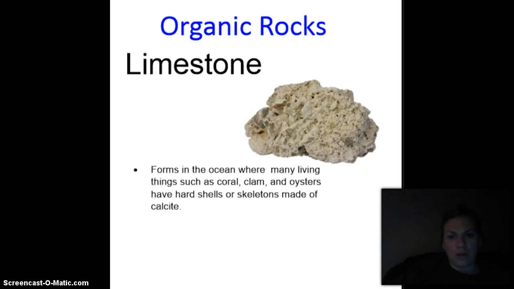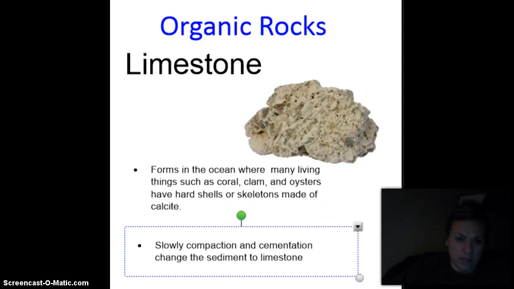And slowly over time they're compacted and cemented to change the sediment into limestone. Limestone is very, very popular in Kansas, and they build a lot of different things, buildings I should say, not things, with limestone there. So this limestone, how could it be if it's created by the ocean?